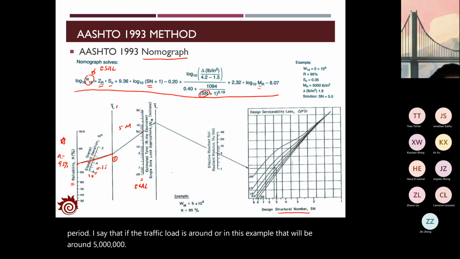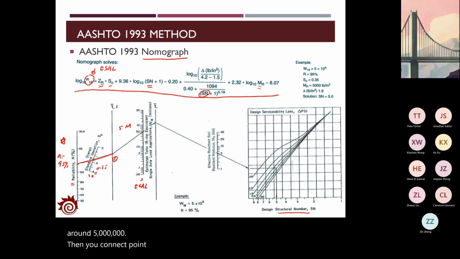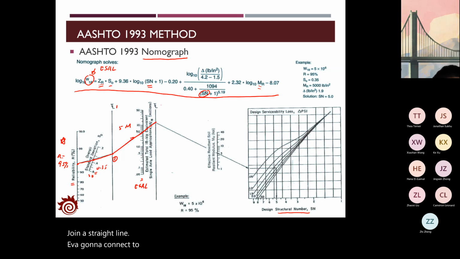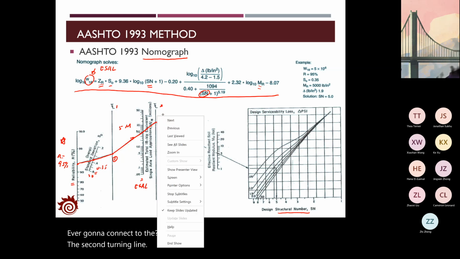Then you connect point 1 with the 5 million point in the ESAL axis, and draw a straight line. It will connect to the second turning line, and say that this is point 2.